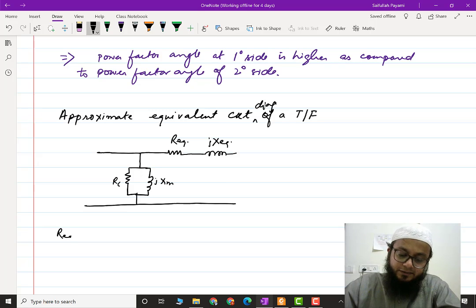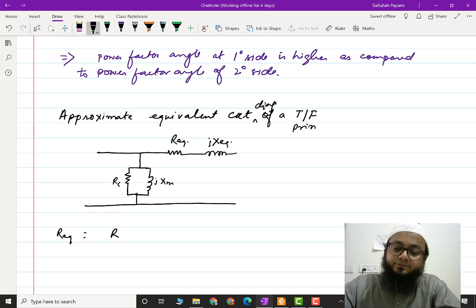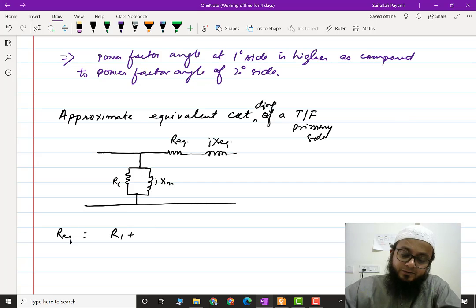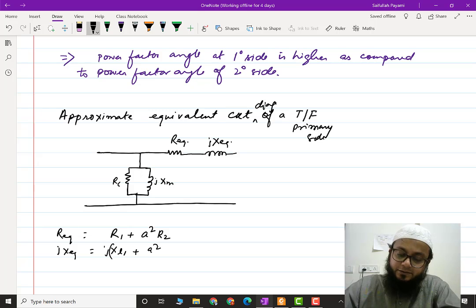R equivalent, if it is at the primary side, is R1 plus R2 dash, where R2 dash is A square times R2, and J X equivalent is J XL1 plus A square times XL2.